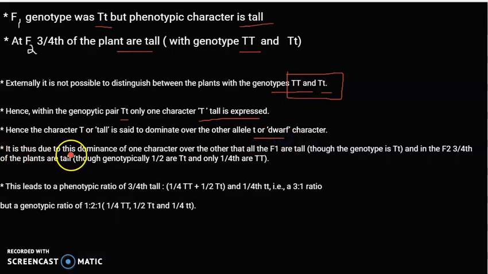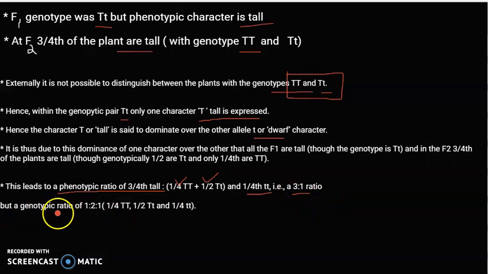And it is due to this dominance of one character over the other that all the F1 are tall though the genotype is capital T, small t, and in the F2 generation 3/4 of the plants are tall, though genotypically 1/2 are capital T, small t, and only 1/4 are capital T, capital T. This has led to the phenotypic ratio of 3/4 tall, which includes 1/4 capital T, capital T and 1/2 capital T, small t, and 1/4 that is small t, small t, so the phenotypic ratio will be 3:1.